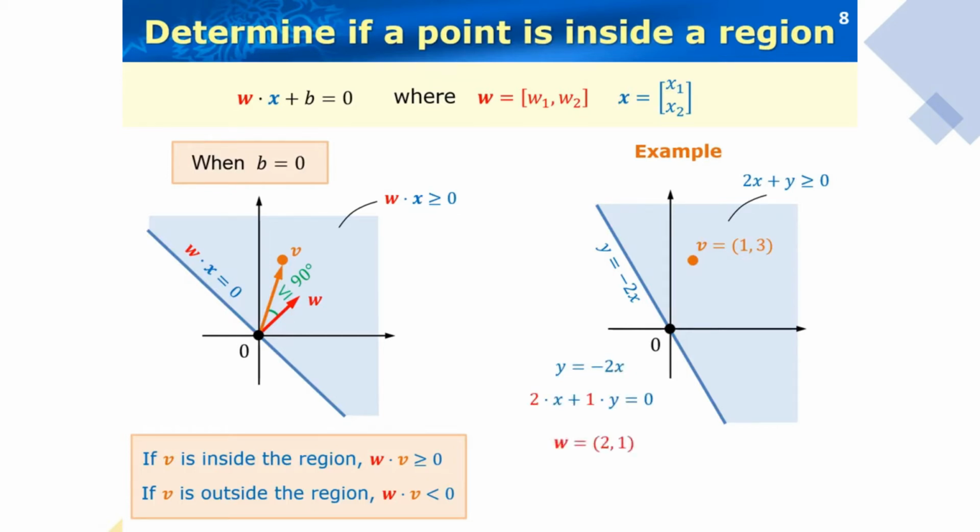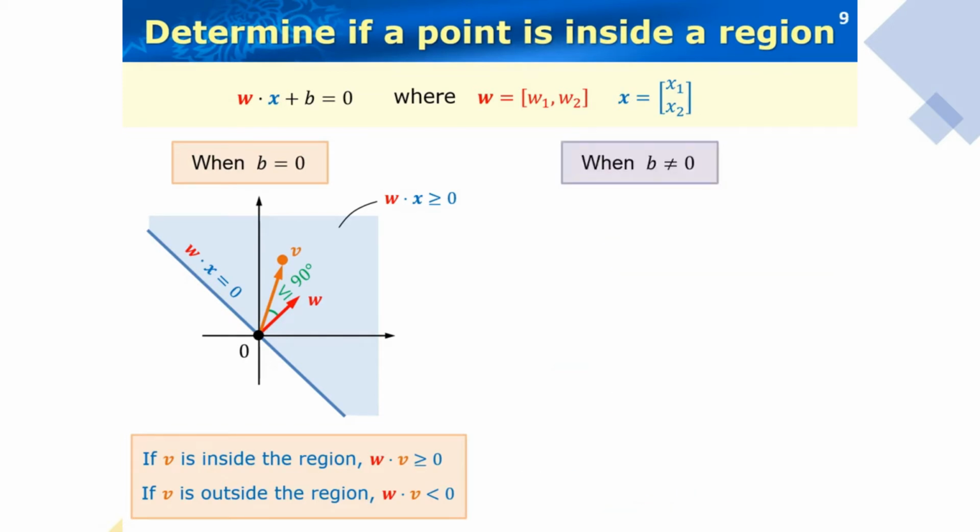We notice that x and y's coefficients are 2 and 1, which makes the normal vector w of this line. Since the given point v is (1, 3), we calculate their product to see if it is positive or negative. Since the result of this product is 5, which is positive, v is inside the blue region. This is consistent with the fact that the angle between the vector w and v is less than 90 degrees.